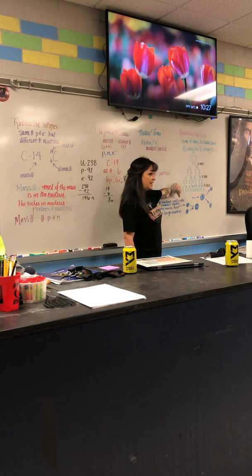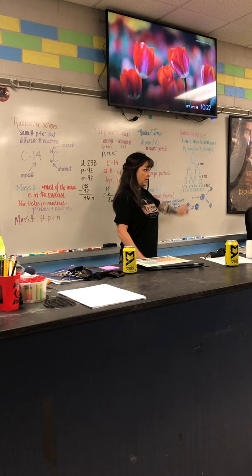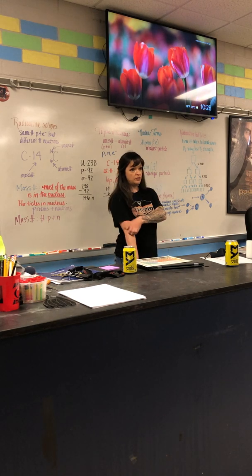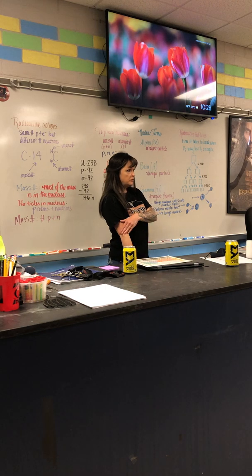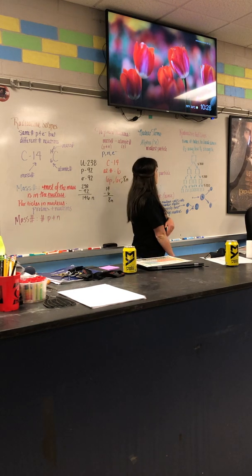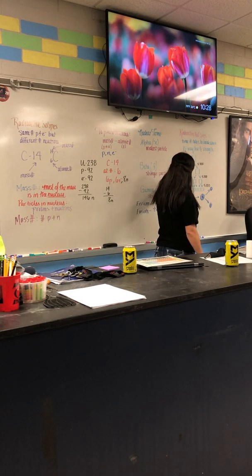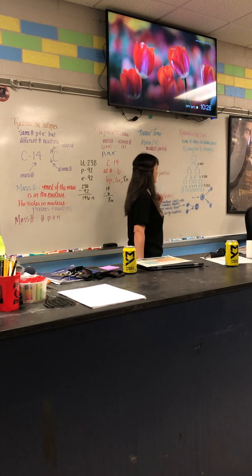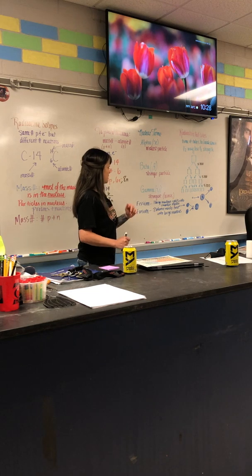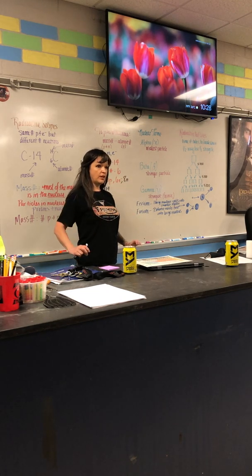We are not going to do any half-life figuring in physical science, but you do in chemistry. It's not hard at all, but it kind of looks confusing. So I try to break it down in a diagram so you can understand what's going on with it. So it's just the time it takes for it to break down halfway.